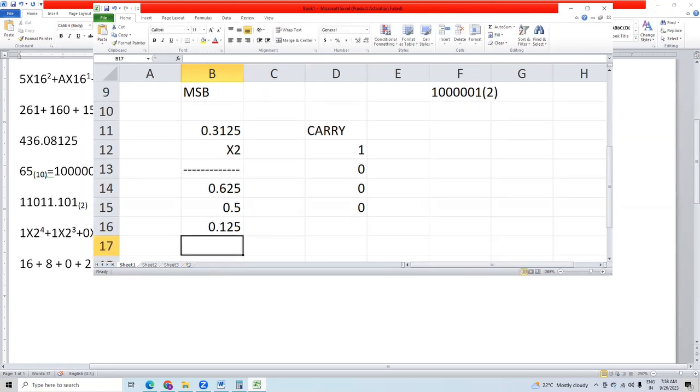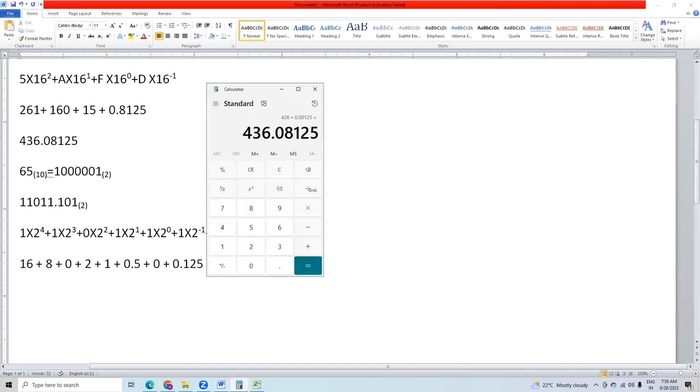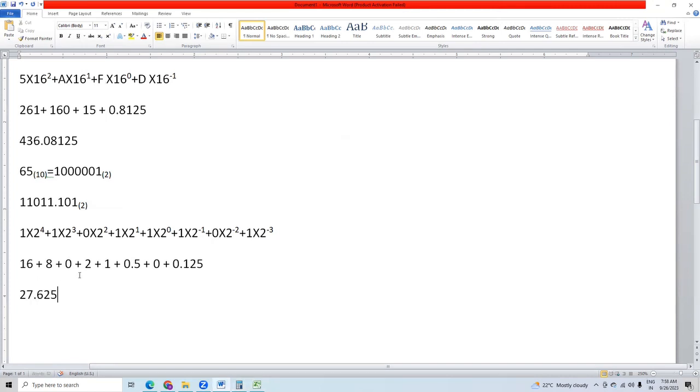It will be 0.125. Now add all these values. So you will get the final result. 16 plus 8 plus 0 plus 2 plus 1 plus 0.5 plus 0.125. So it is 27.625. This is a decimal number.